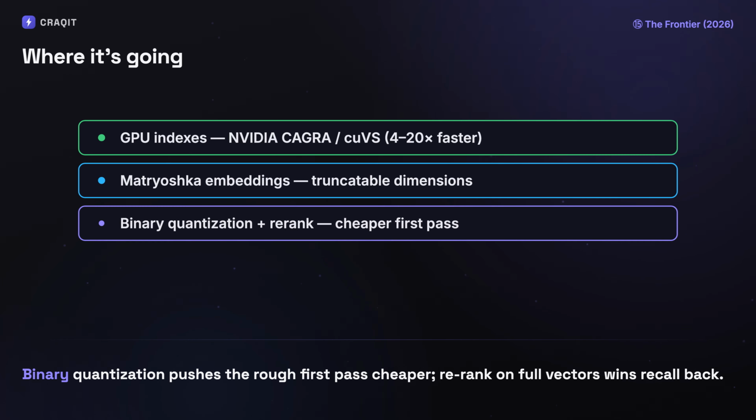Binary quantization continues to push how cheap a good enough first pass can be, with re-ranking on full vectors clawing the recall back.